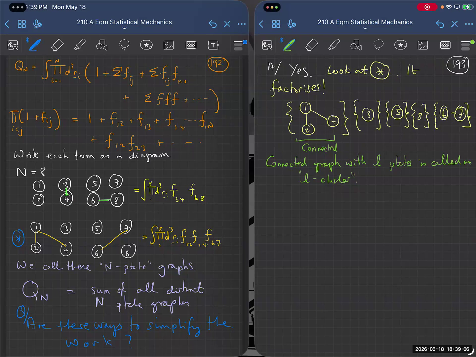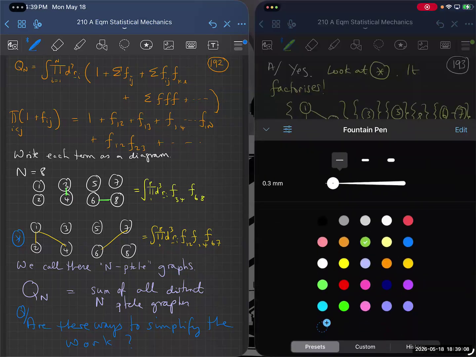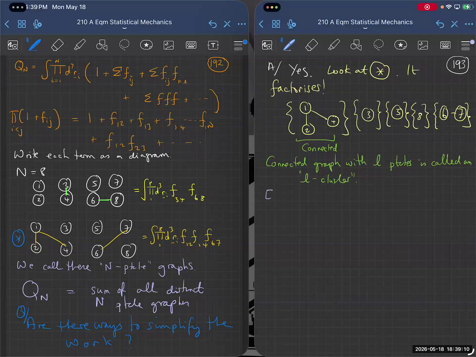Okay, so you could say, all right, well, write down all the 3 clusters. So you can write them down. There's one that looks like this. There's one that looks like this. There's one that looks like this. And then there's one that looks like this.